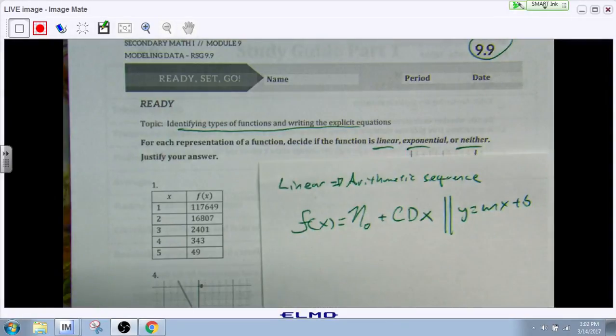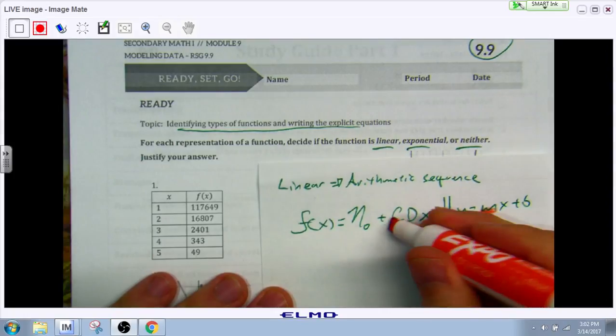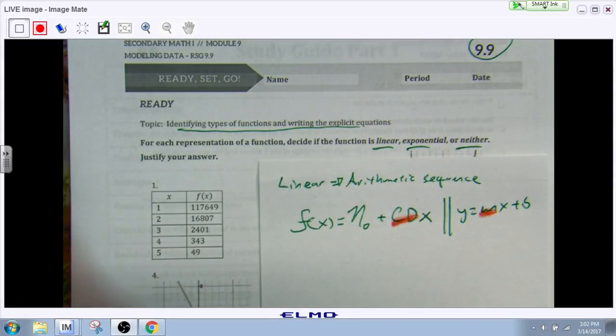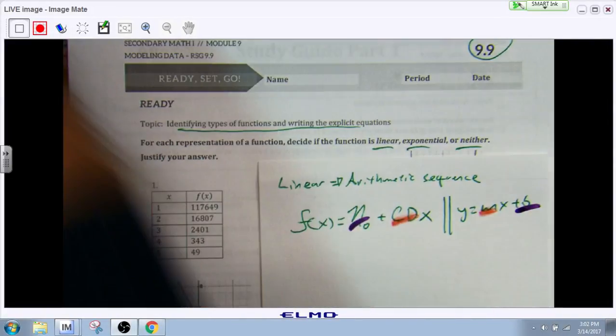Our m and our common difference are essentially the same thing, and our n sub 0 is the same thing as our y-intercept. So just keep that in mind as well.